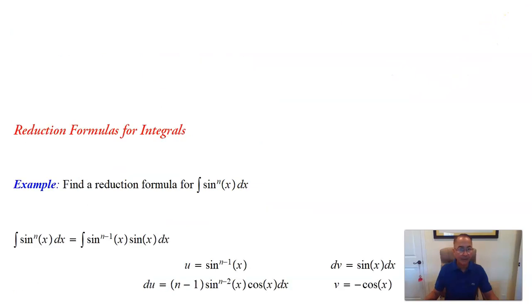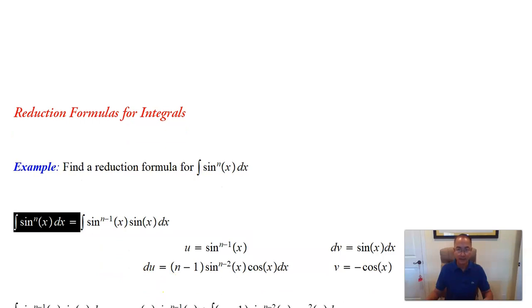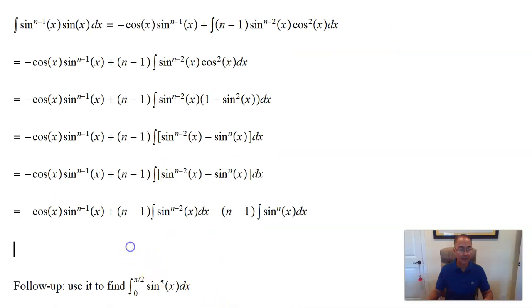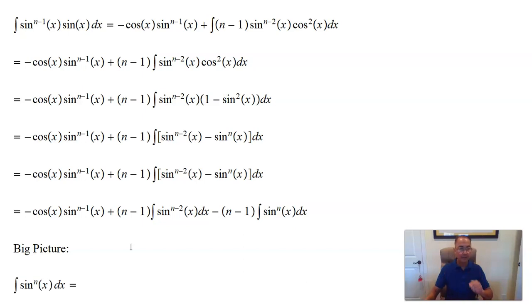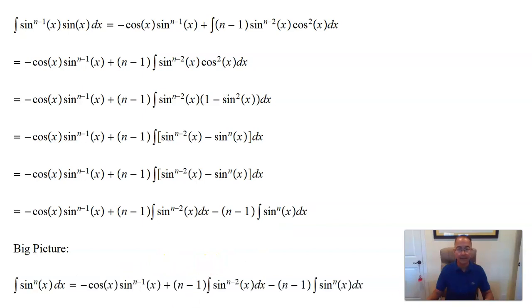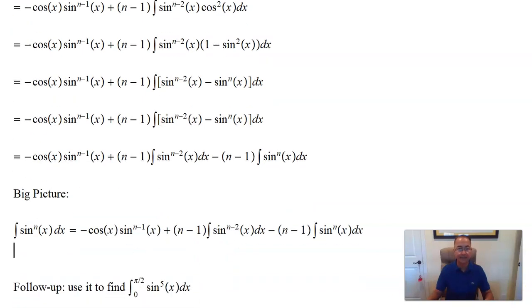Okay, and we said, okay, this came from the original problem, sine to the n x dx. So let's go back down. Big picture. The original problem becomes this on the right side.